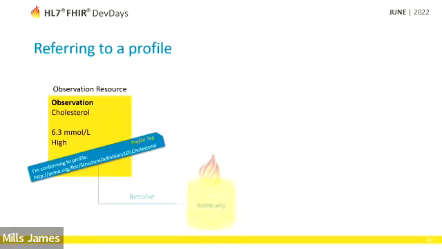And when you are doing so, and a server has this resource as incoming data, then of course they need to check if this claim that you made is true or not. So they need to try to resolve that profile. And they can do so by looking at the domain if the profile is available there.